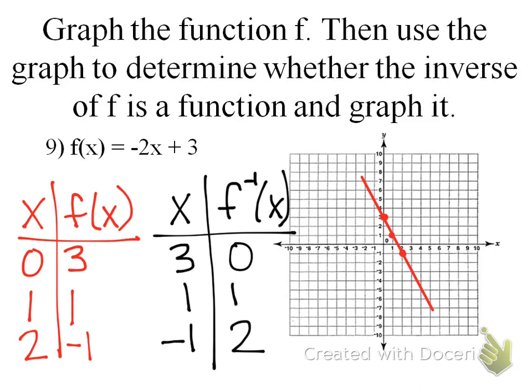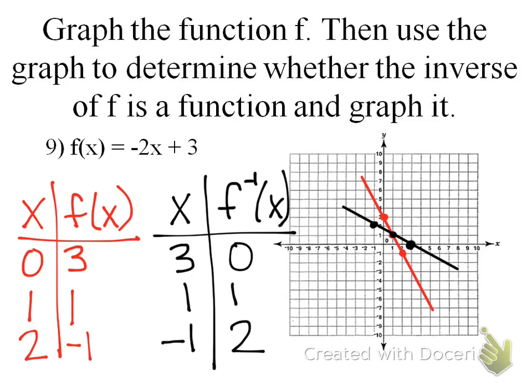Now I can graph those 3 points. So the line you're about to see in black is the inverse graph of the red line.